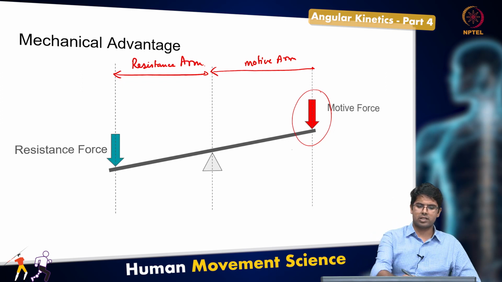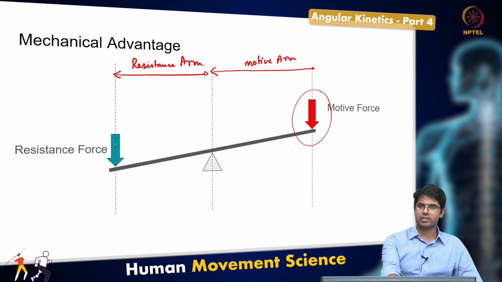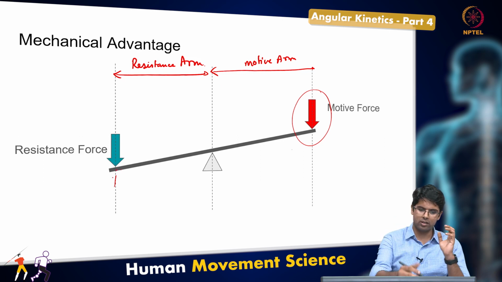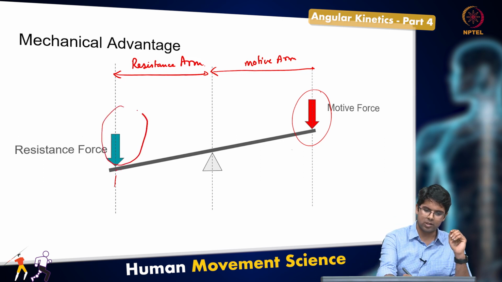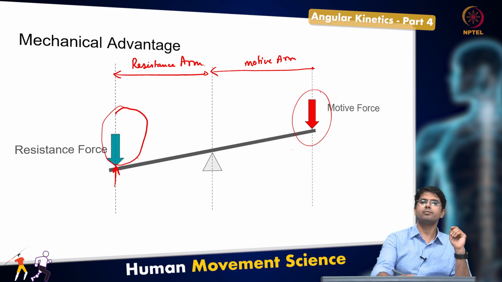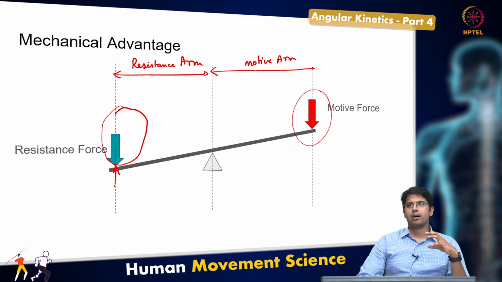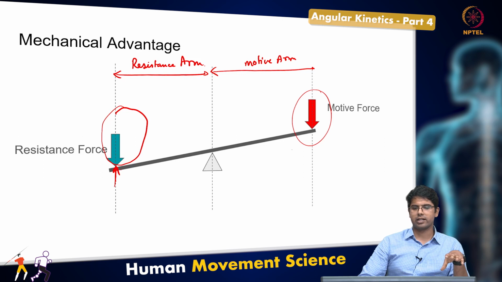So if there was a 100 Newton force acting on this end, for this to remain in equilibrium, I would want a counter force from this lever to act on that body. So if the world was here, there is a force acting from the lever in this direction, right? Is that force amplified or not? That is what mechanical advantage can tell me.